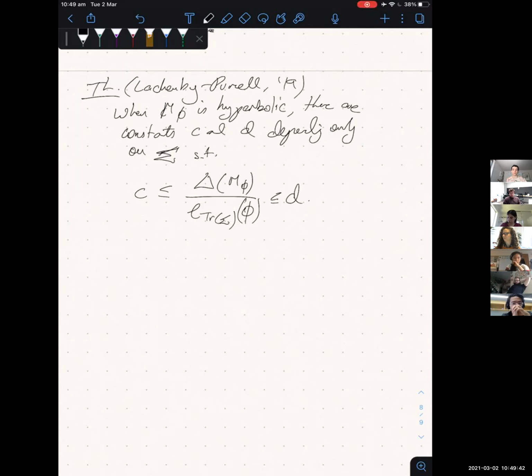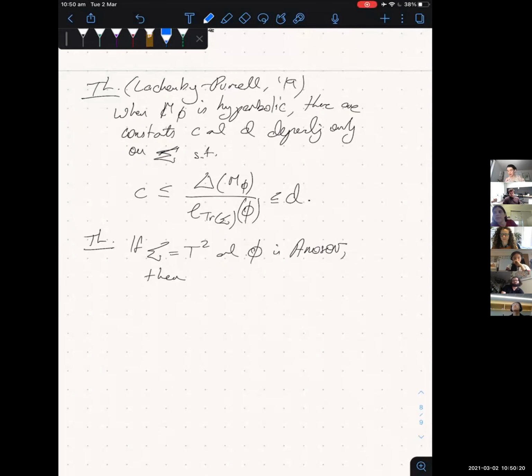So that's great. And then just to mention the slight extension of this that I've been working on is the following statement, which is that if your surface happened to be the torus and phi is a knot, which means you get a particular geometry of your resulting 3-manifold, then we might want to think about what happens if we compose by a Dehn twist.